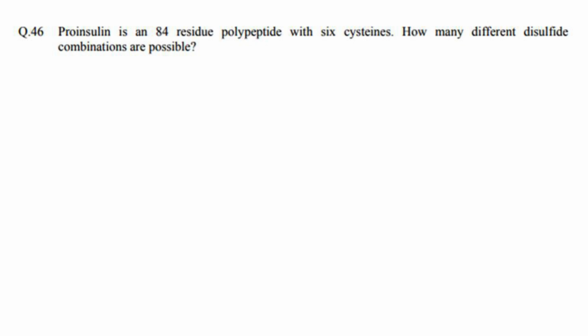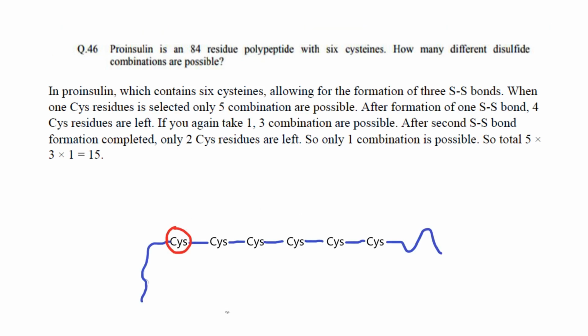Proinsulin is an 84 residue polypeptide with 6 cysteines. You have to calculate how many different disulfide combinations are possible. In proinsulin, which contains 6 cysteines allowing for the formation of 3 cysteine-cysteine bonds, when one cysteine residue is selected, only 5 combinations are possible.